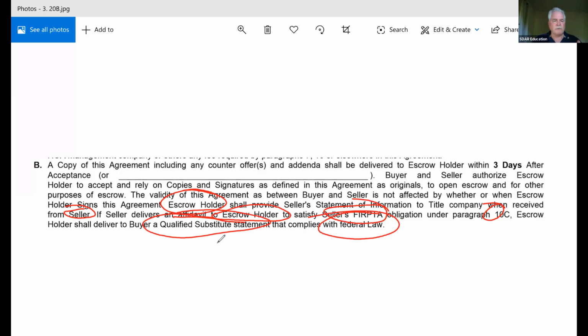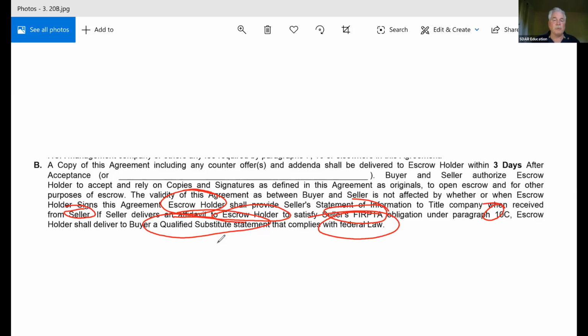So when we do our FIRPTA form, we're taking care of the national portion of things. And now we've gotten into the practice, instead of collecting the seller's social security number and things like that, we have that information go straight to escrow because it's privacy issues. And then escrow sends us a qualified substitute form. It's a CAR form QS that says we've got their social security number, and that should make you happy.